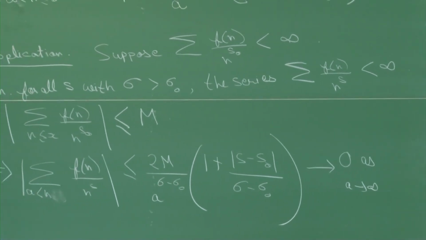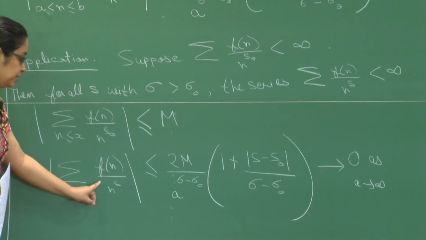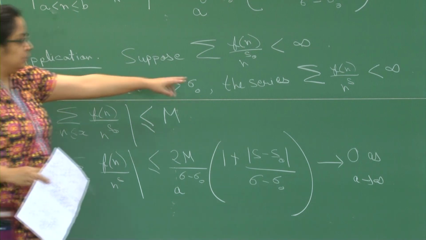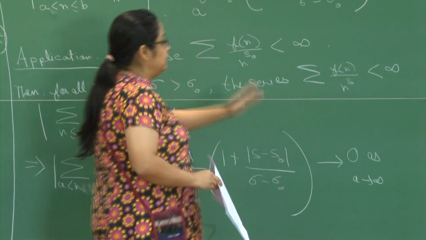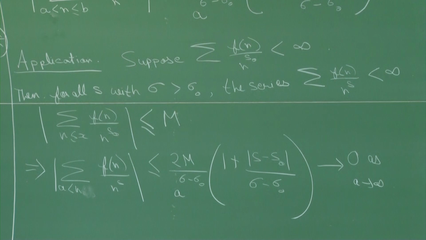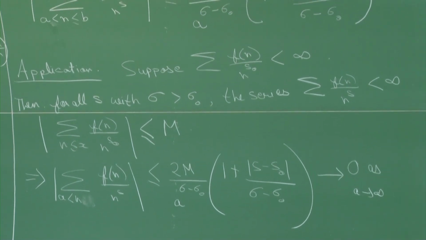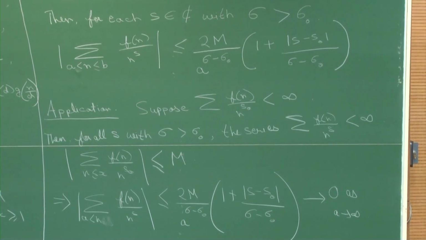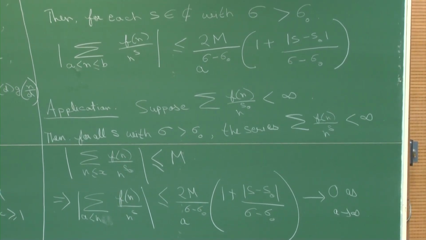And therefore, the sequence of partial sums must converge since the tails are going to 0. So therefore, this proves that for any s whose real part is greater than the real part of s0, the series converges. Now let us see how you get lemma 1.